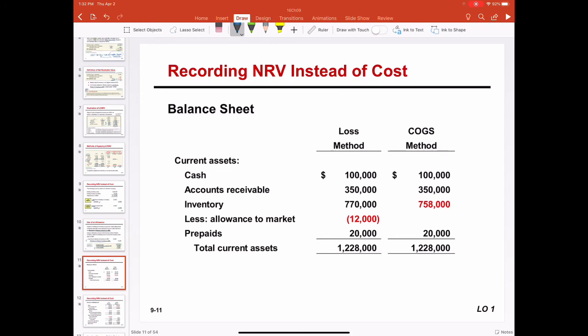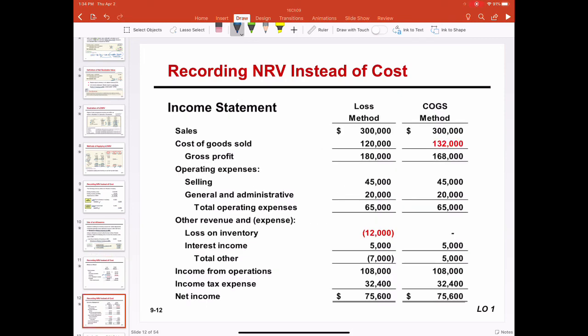In the balance sheet, depending on what method you use, the presentation of the two methods is different. For the loss method in the balance sheet, we report two accounts, inventory at cost and the control account. The next one is just one number, which is after the write-down, the net book value of inventory. So the difference is this one provides more information.